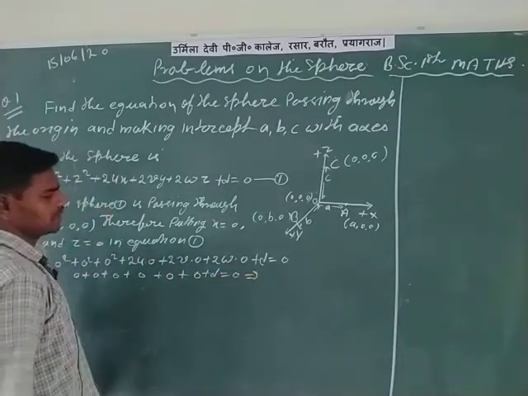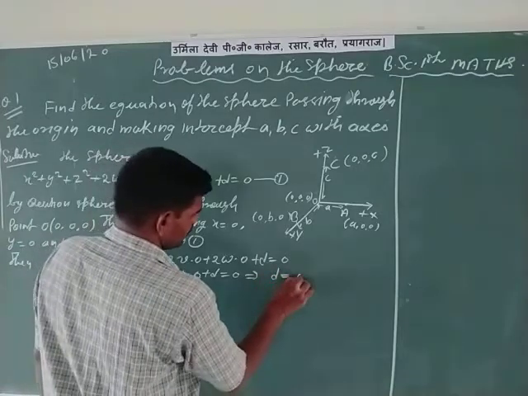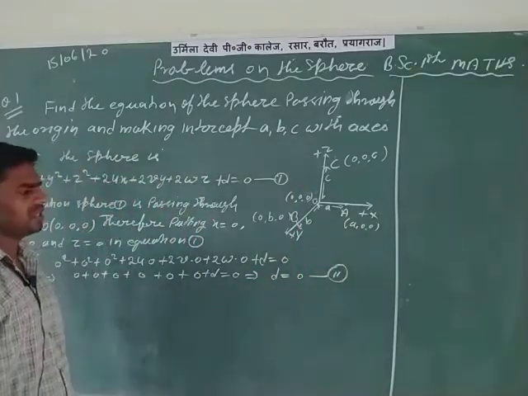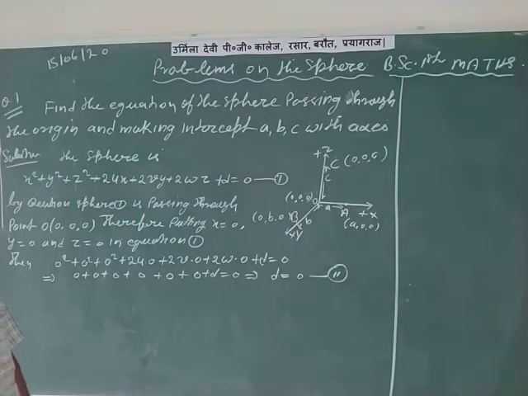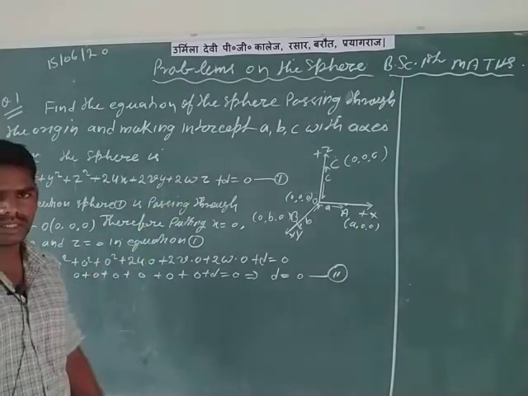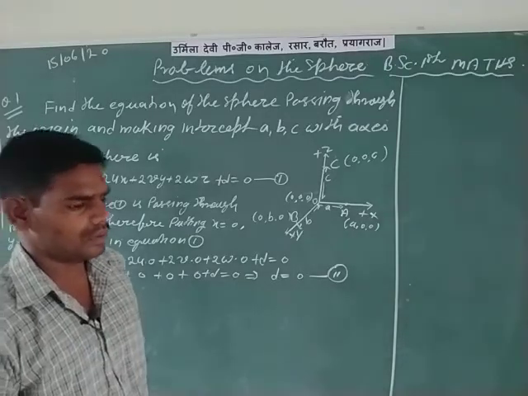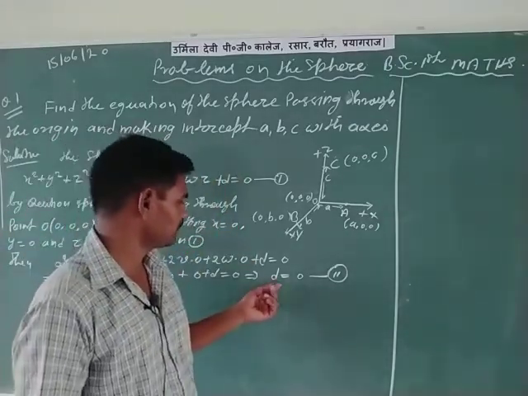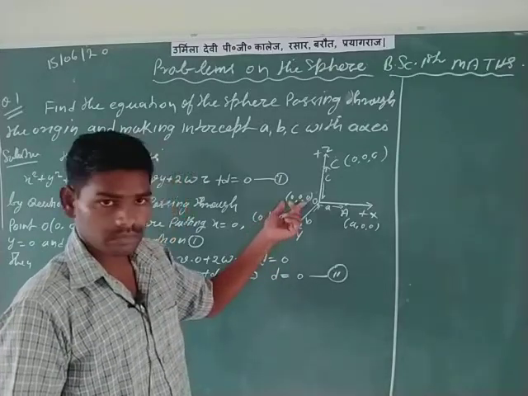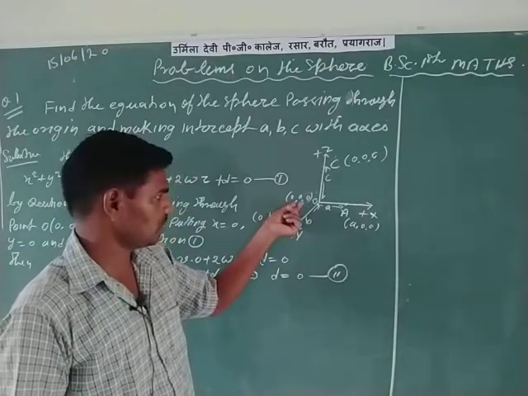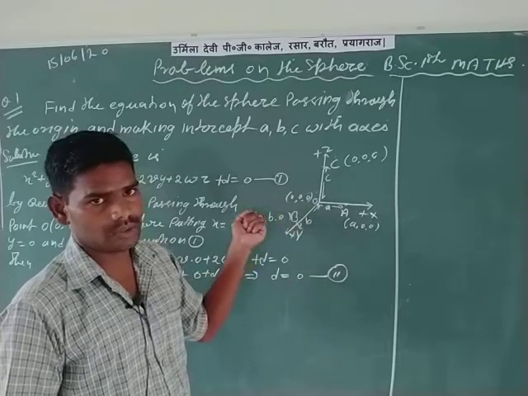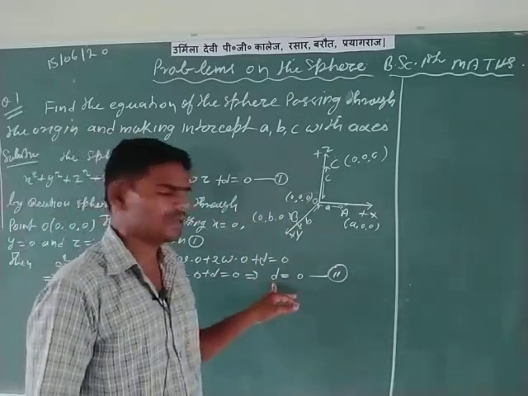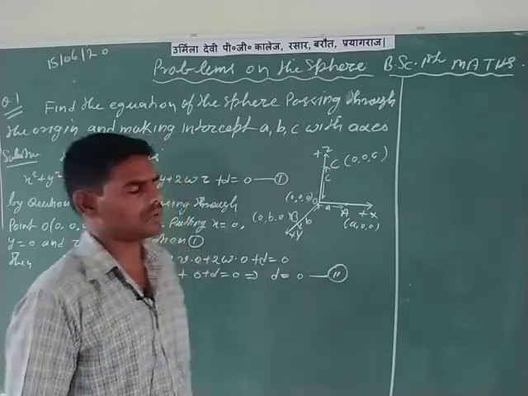So after simplification, it implies that d is equal to 0, represented by equation second. In equation second, it is clear that if the required sphere passes through the origin, whose coordinates are x is equal to 0, y is equal to 0 and z is equal to 0, then the constant d is equal to 0.